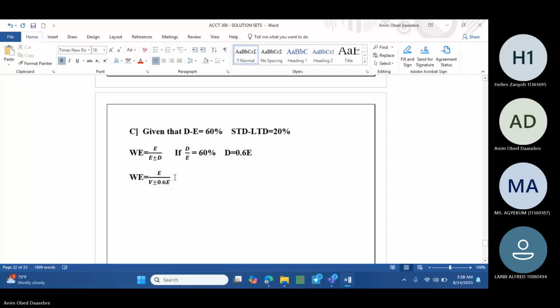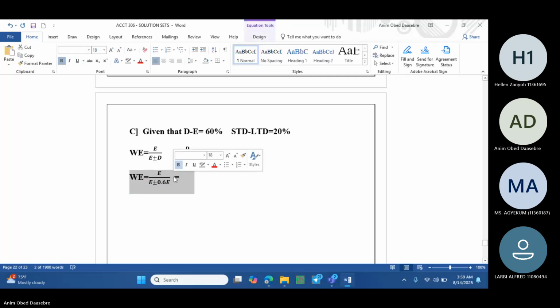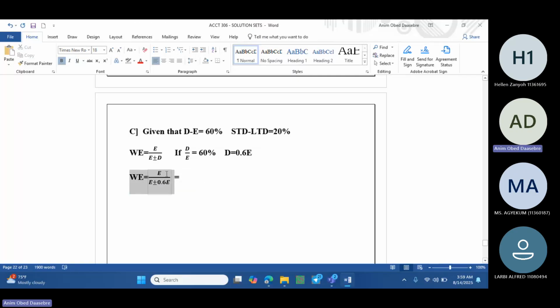So E is supposed to be E. If you have this equation, when we expand it, E alone means that the coefficient of E is 1.